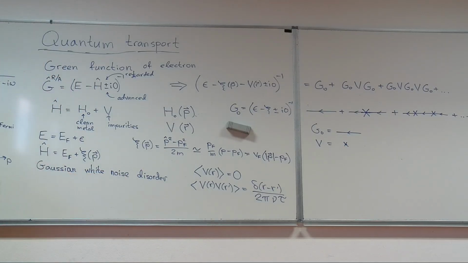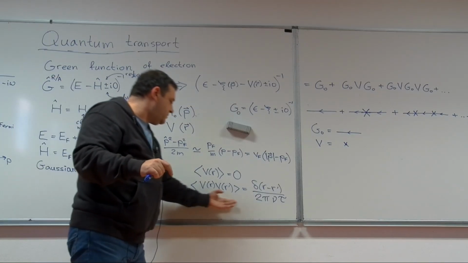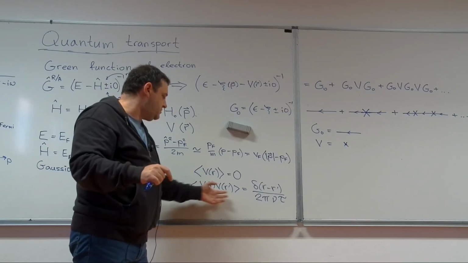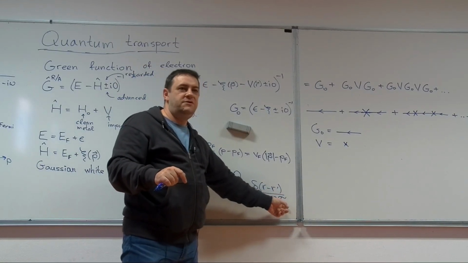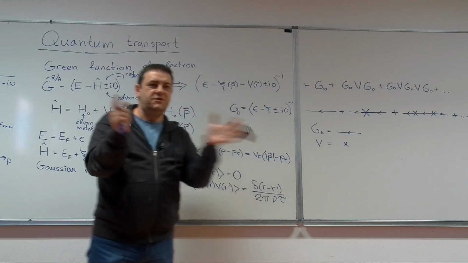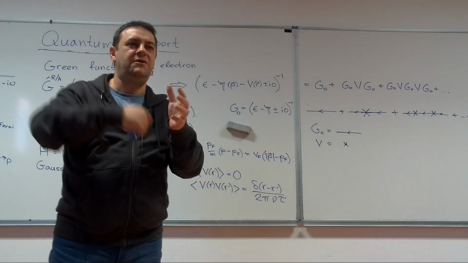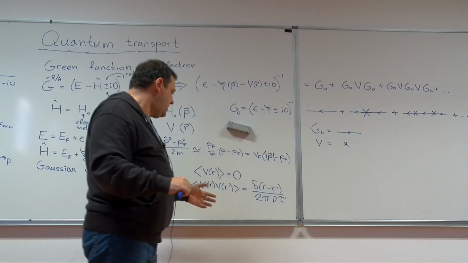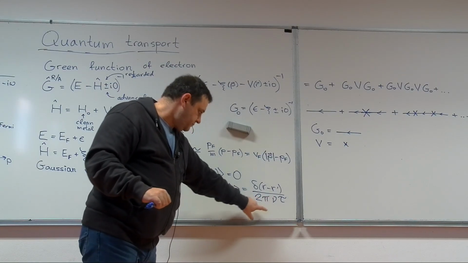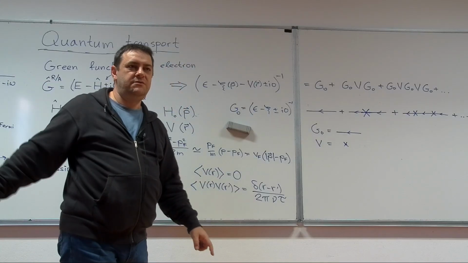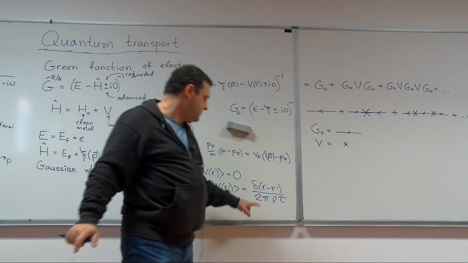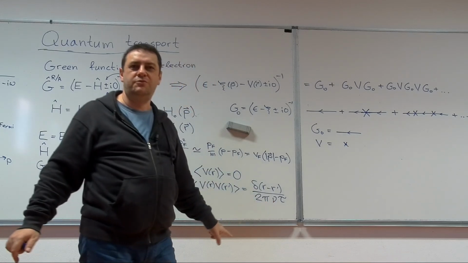Nu is the same nu as here, the density of states. And tau is the same tau as here in the diffusion constant. So the stronger are your impurities, the larger this V, the smaller is the tau. So tau, the mean free time, gets shorter when you have stronger disorder. I will prove later today that this is the correct number to put in this formula.